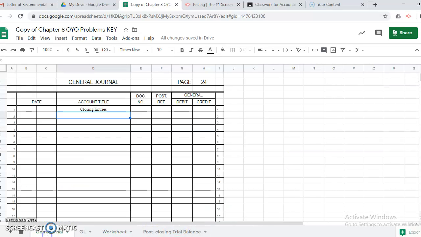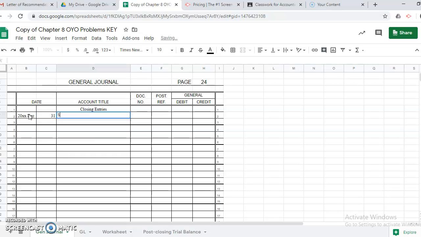So in my general journal, on mine, because it's not a continuation of another page, if you were doing this on the paper packet, you wouldn't have to put the year and the month in there. Going forward, looks like everybody's going to be doing these on Google Classroom, so you'll want to make sure you do that. So I'm going to put 20XX December, and we'd put the 31st.